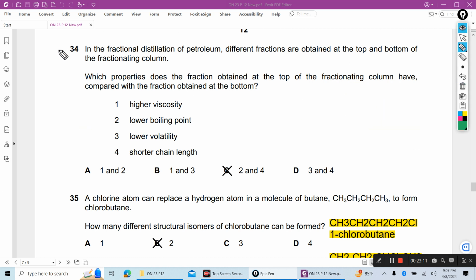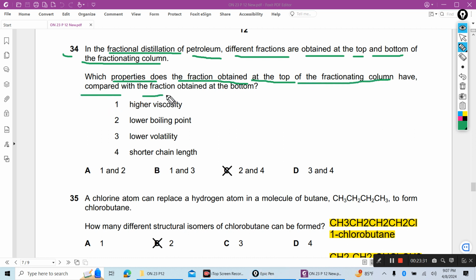34. In the fractional distillation of petroleum, different fractions are obtained at the top and bottom of the fractionating column. Which properties do the fractions obtained at the top of the fractionating column have compared with the fractions obtained at the bottom?